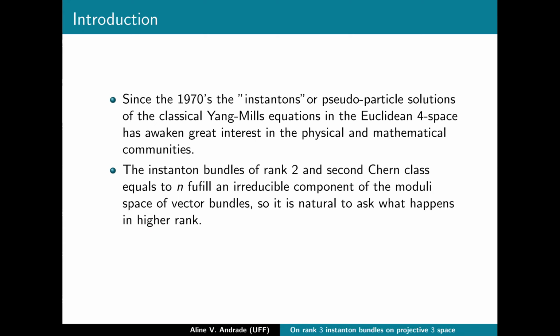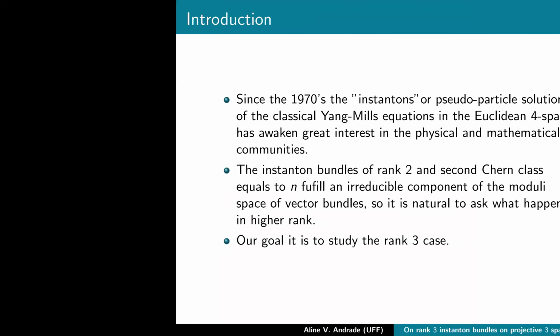As I talked before, we can add some structure to these bundles. So we can talk about orthogonal instanton bundles, symplectic instanton bundles, and a lot has been done in this sense. So our goal today is to work with the case of rank 3 on P3, okay?